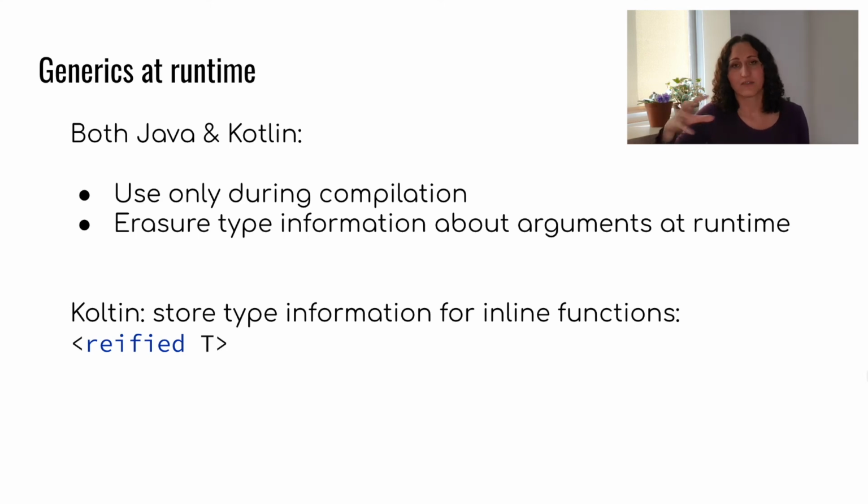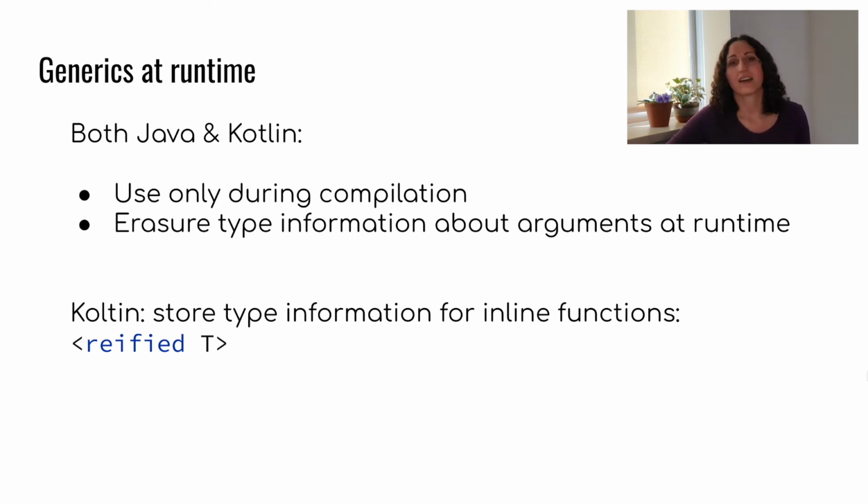And sometimes this function can be a generic function, and in this case you of course want to use the type which you declared in your type definition inside the function body, and in this case you can add the keyword reified, and you can tell the Kotlin compiler, oh, please save type information for this function, I really need it.